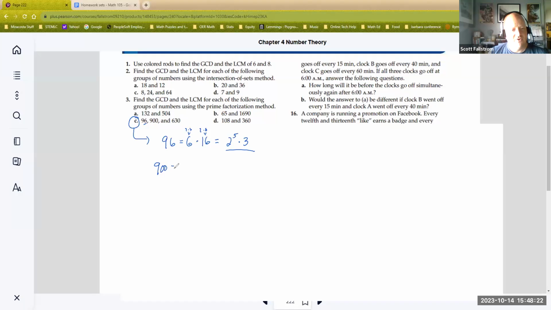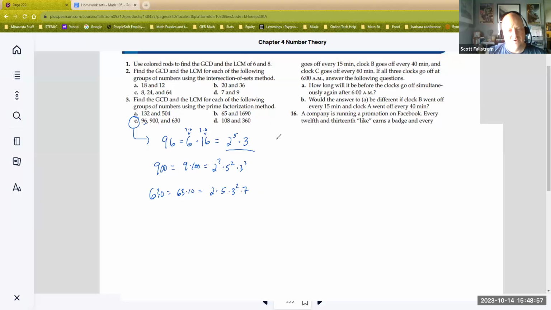Now I come down to 900, which, again, don't be too strict. 9 times 100, right? And 100 is 10 squared, which would be 2 squared, 5 squared, and 9 is 3 squared. So there's a 3 squared. And let's see, now the number 630. 630 is 63 times 10. 10 is a 2 times 5. 63 is a 9 times 7.